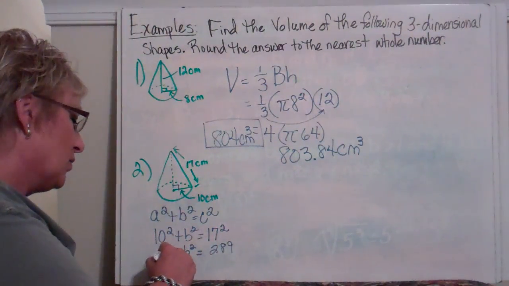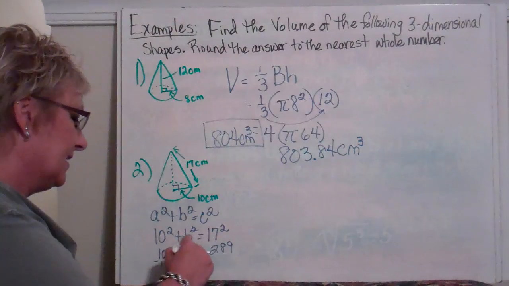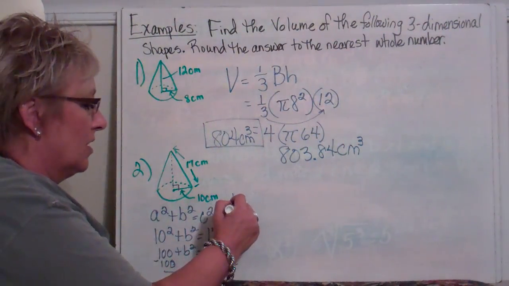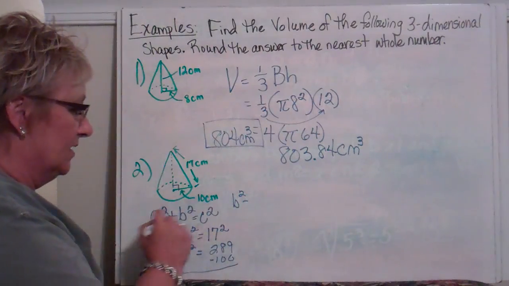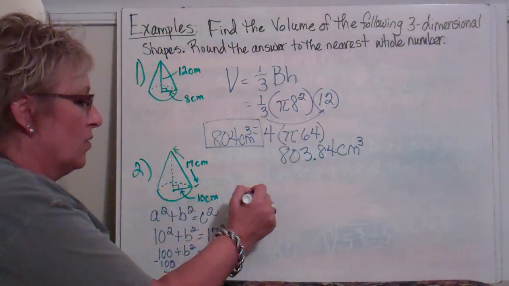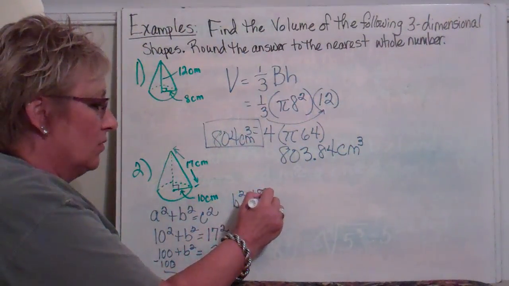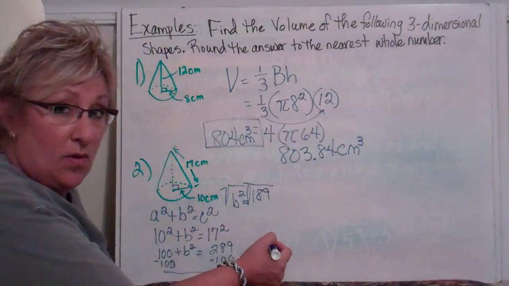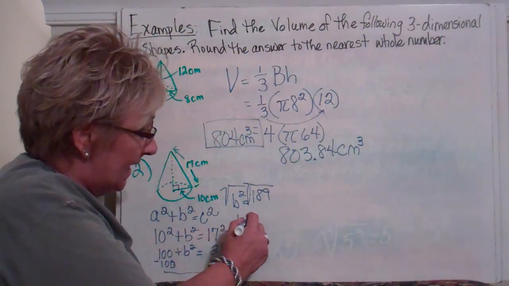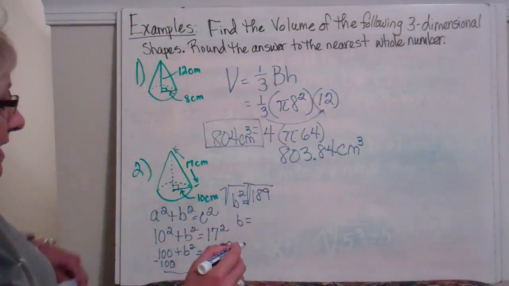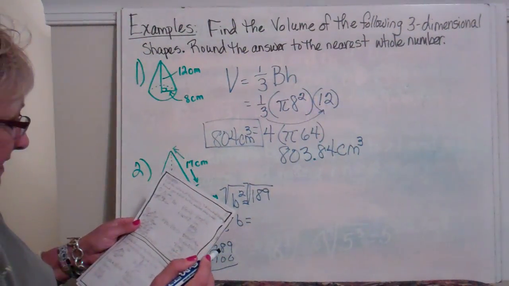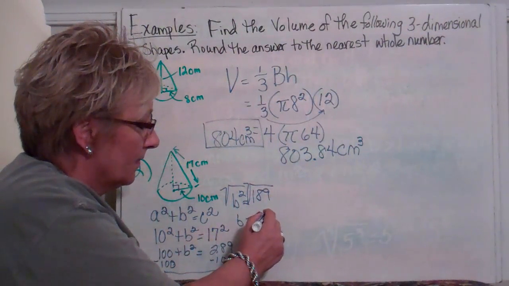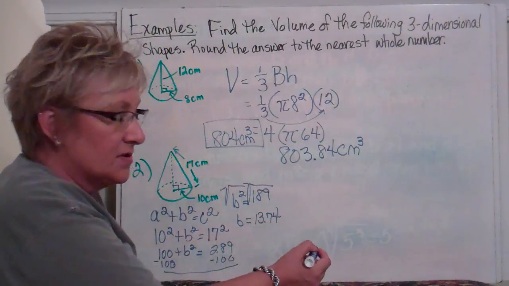And when I subtract 100 from both sides here, I'm going to come up here and finish this off so you can see it a little bit better. B squared equals 189. Well, when I found the square root of 189, I know the square root of b squared is b. It gave me something in the realm of, let's see, 13.74. And I rounded it to the nearest hundredth.